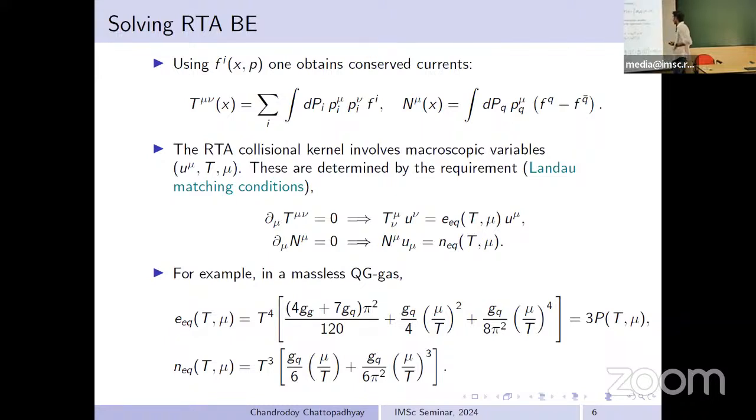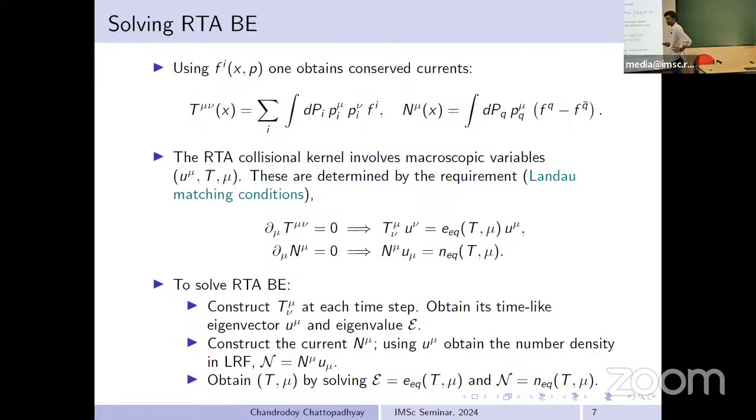The way to solve this RTA Boltzmann equation exactly is to compute at each time step the energy momentum tensor and the charge current, and from that find its time-like eigenvector and eigenvalue.